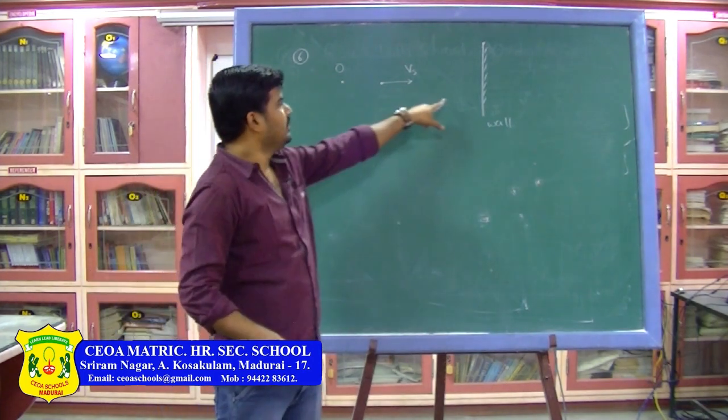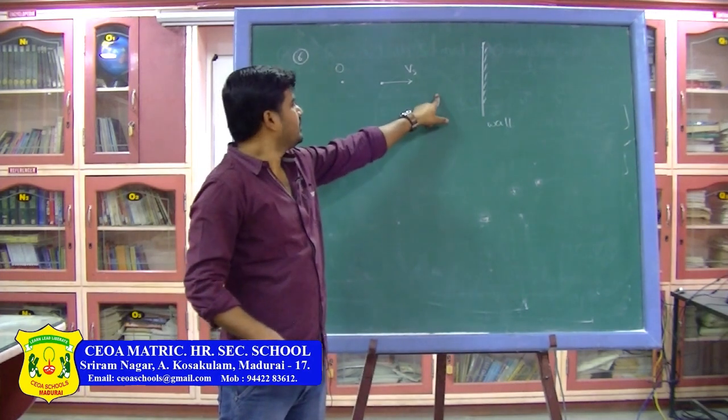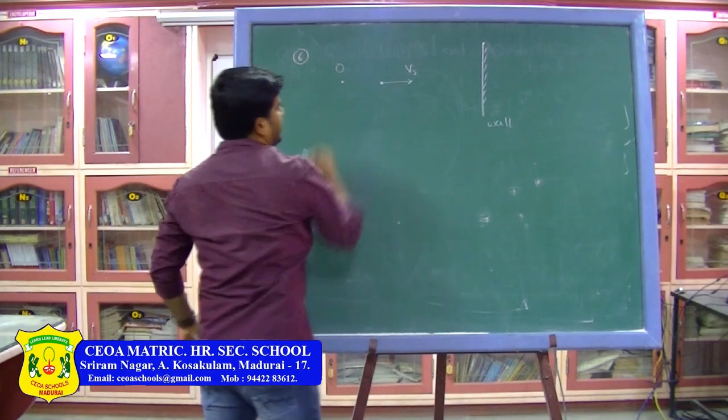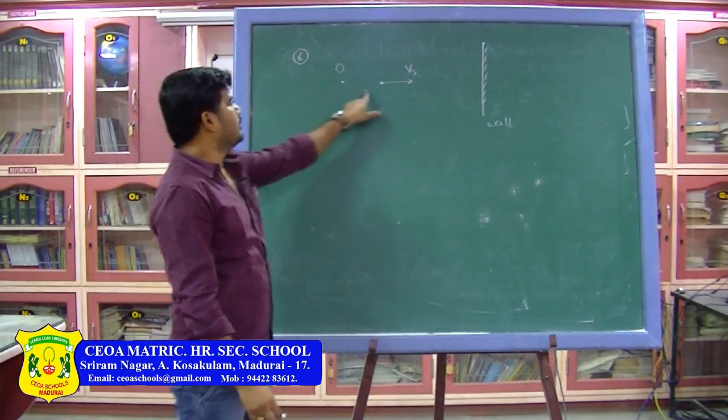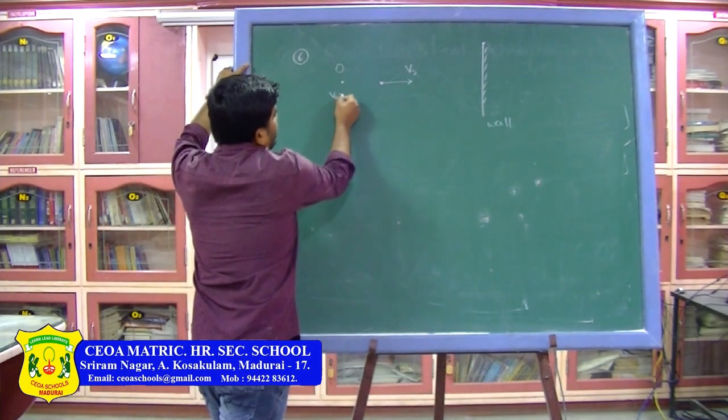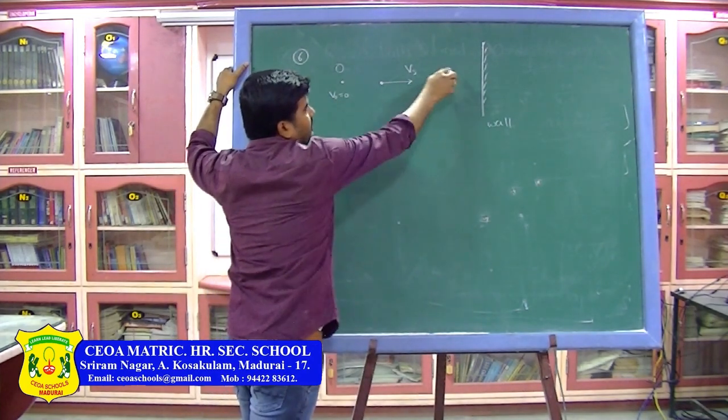by the actual, that is direct sound, and the reflected sound. First, the apparent frequency due to the direct sound. Here the observer is at rest, so V naught is equal to 0, and the source is moving away from the observer.